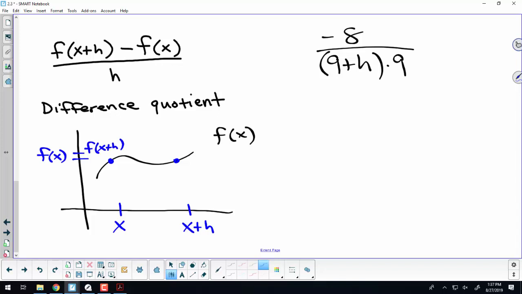But then notice what we're computing here with the difference quotient. It's the change in the y-coordinate divided by the change in the x-coordinate. So you're just calculating the slope of that line connecting those 2 points. It's not really flat. I did a poor job. But the difference quotient is, just as a reminder, the same thing as the average rate of change, which is the same thing as computing the slope of a secant line.